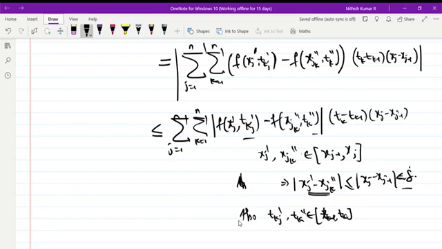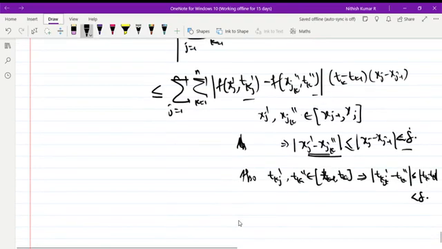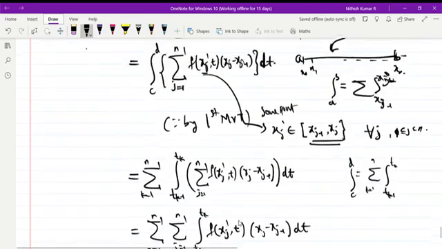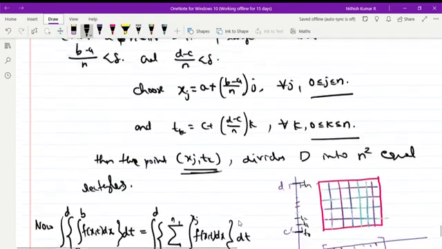Similarly, this tkj dash and this tk double dash both belong to tk minus 1 comma tk. This implies modulus of tkj dash minus tk double dash, this difference, is less than or equal to modulus of tk minus tk minus 1, and that is less than delta.